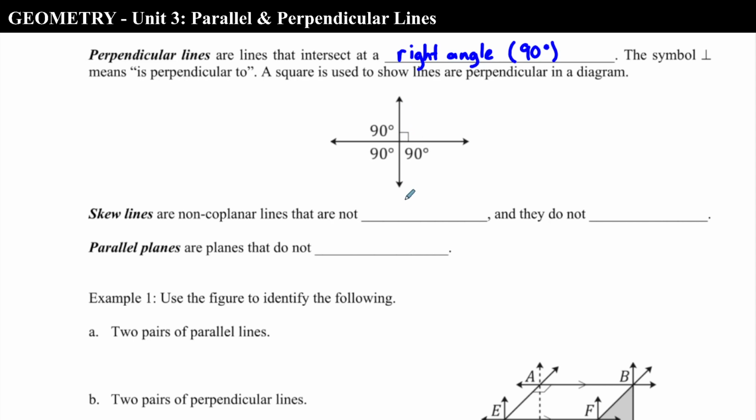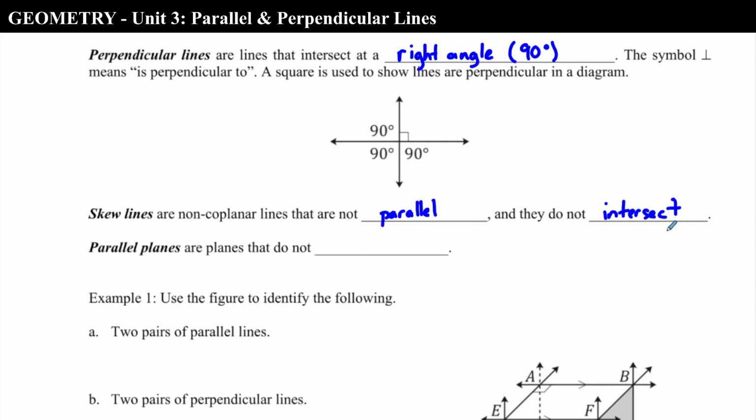Skew lines are non-coplanar lines that are not parallel, and they are also lines that do not intersect. So you have to think about this a little bit more three-dimensionally. In a three-dimensional space, you may have one line going up and down and another line going side to side, and they're next to each other, so they never cross, but they also are not parallel.